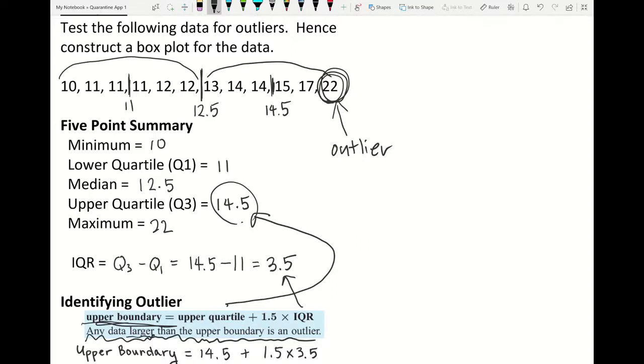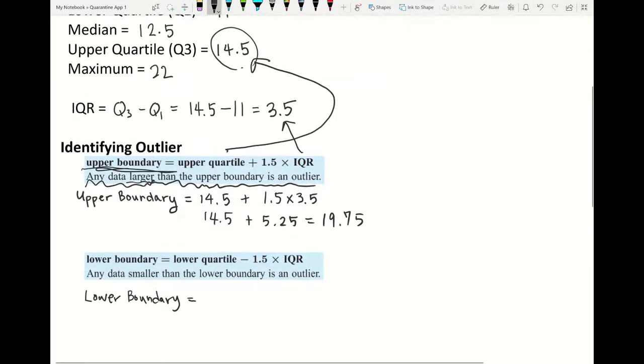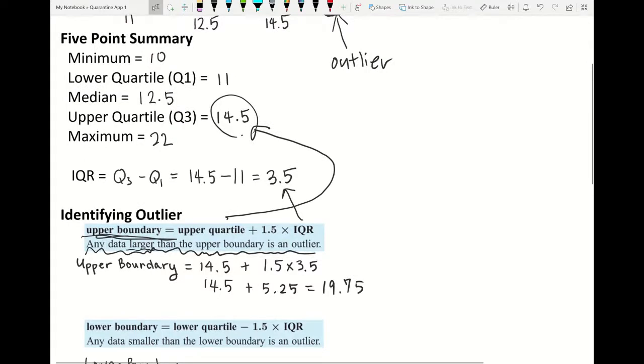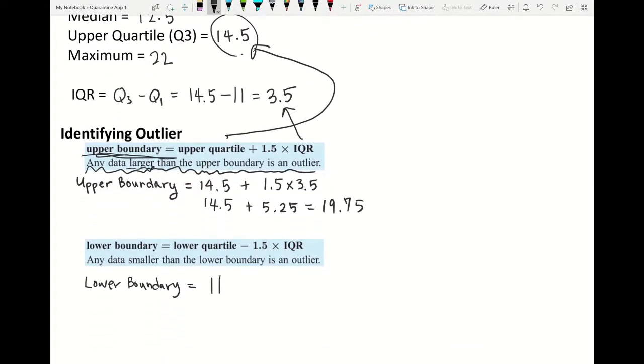And we're going to do the same thing for lower boundary. The lower boundary is lower quartile, which is 11, minus, this time subtract 1.5 times interquartile range 3.5.